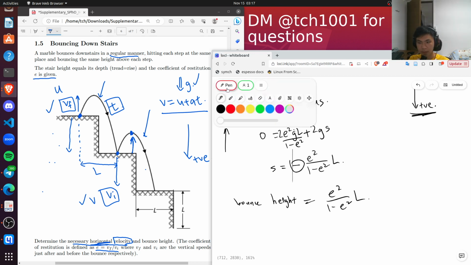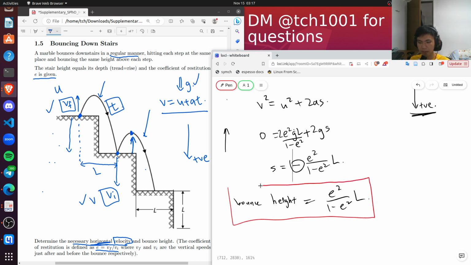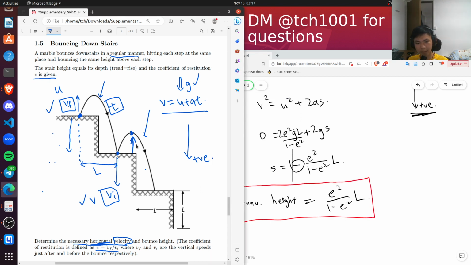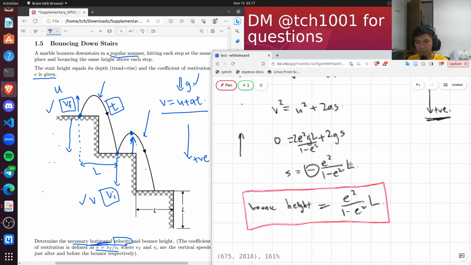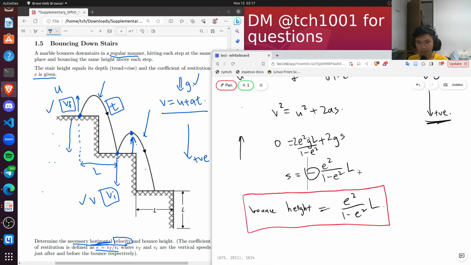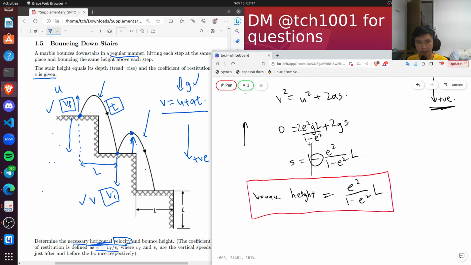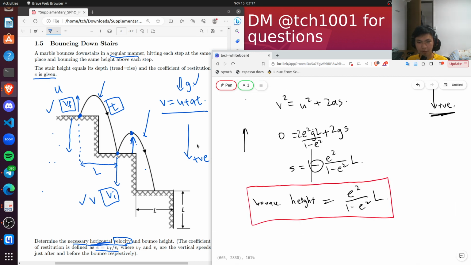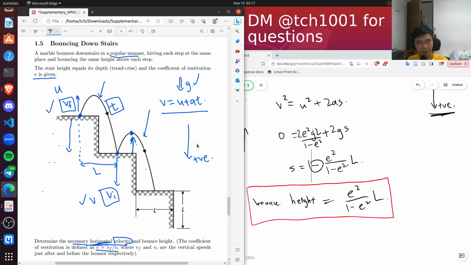So we have solved the question. I wouldn't say there's a lot of insights from this question, except maybe the insight we can draw is that if we choose our kinematics equations cleverly, we can save some working.